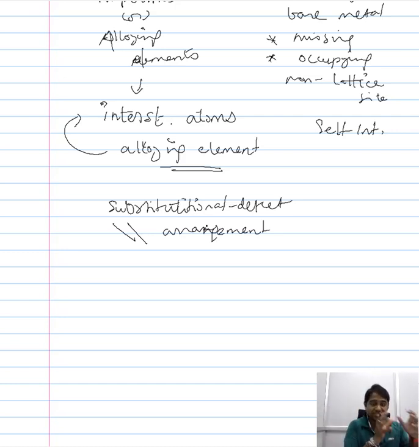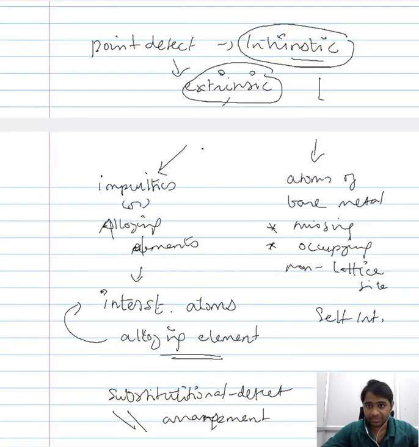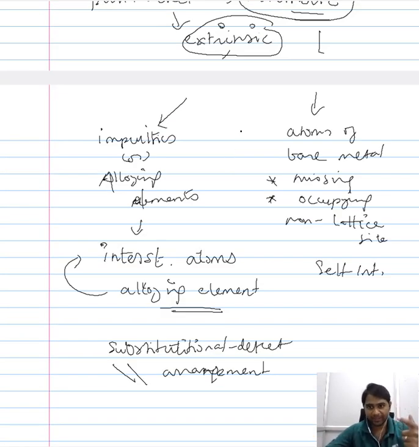In case of extrinsic point defect, it is the atoms of the alloying element which are occupying the interstitial site or which are replacing the base metal atoms in their regular lattice site. So these are the two distinctions that one can make within the point defect. In case of extrinsic, it is only possible when you have impurities or alloying element.